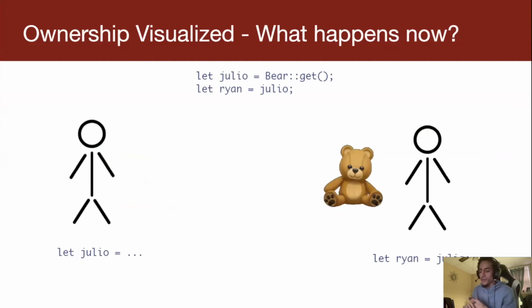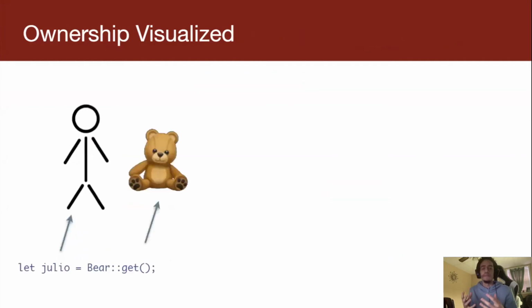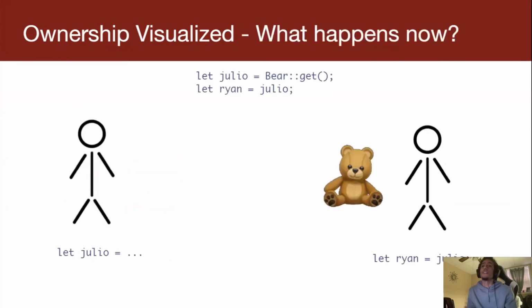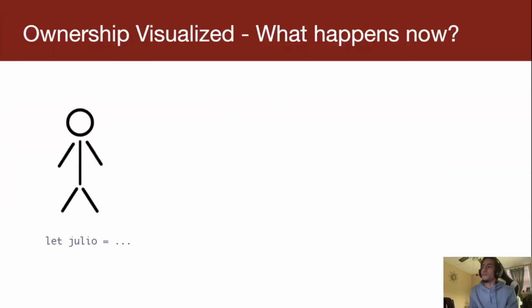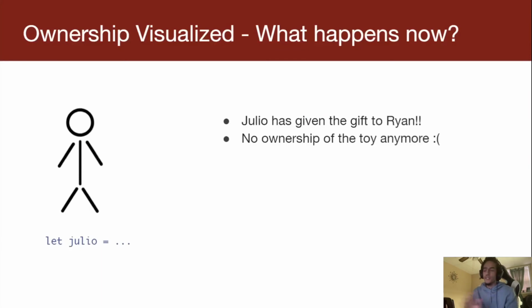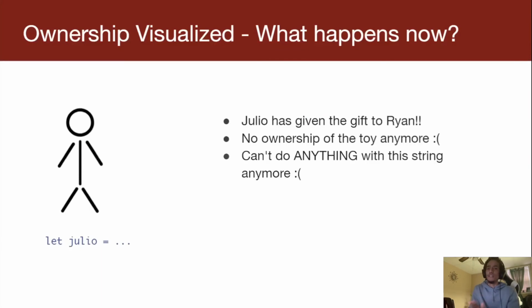We'll get a little bit more into the memory representations on Thursday. Right now, what you can imagine is the bear is some value attached to Julio, and now it has moved on to Ryan. And so we have some messages in the chat. Julio can't do anything with the bear. It's over for me, and that's exactly right. So if we take a look at now the Julio variable, I don't have the bear anymore because I've given it to Ryan. So no ownership, and I can't do anything.